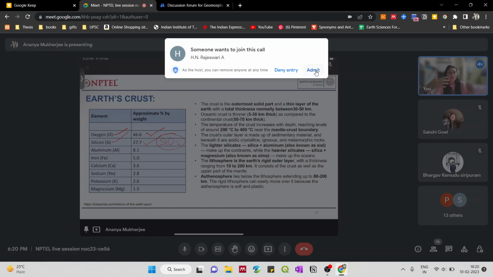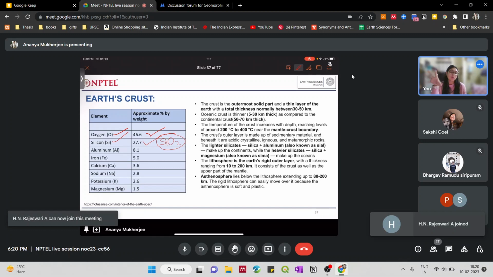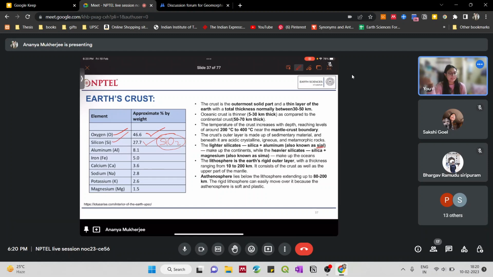So how is their chemical composition differing? The continental crust is mostly made up of lighter silicates. What do you mean by lighter silicates? They are less dense. We call it SIAL, which means it has more silica and aluminium.